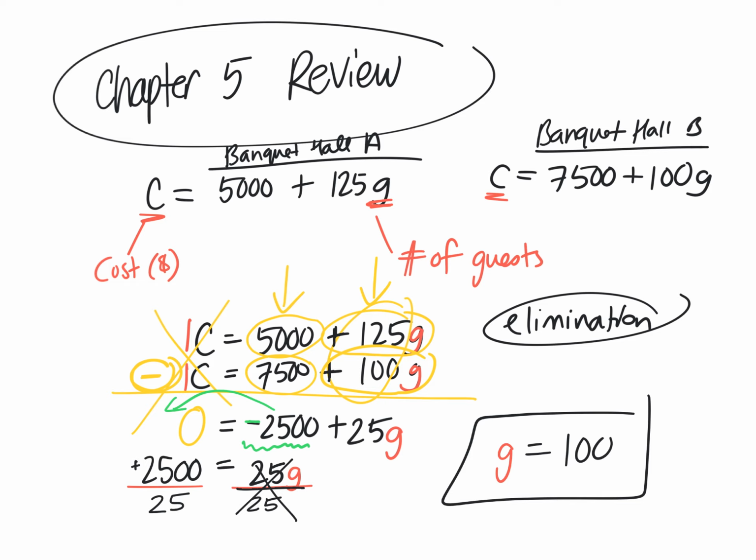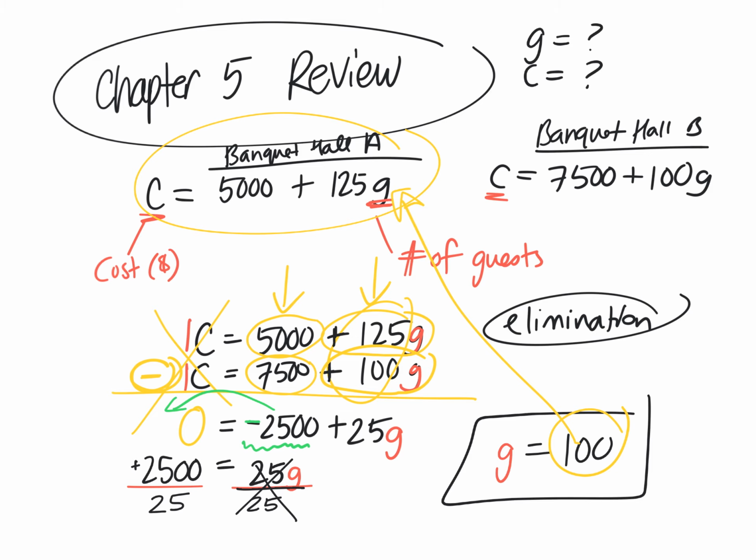Okay, well that's G, that's the number of guests. But to solve the linear system, we have to know G and we have to know C. Now that you know G, does it matter which equation you plug it into? No, so which one do you want to plug it into, A or B? Banquet hall A or banquet hall B? This one? Okay, so take your value of G, because this is the value that will be the same for both equations.